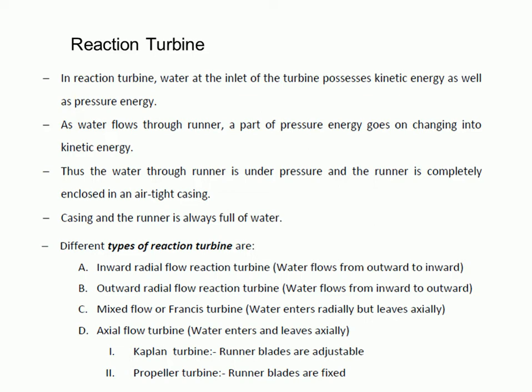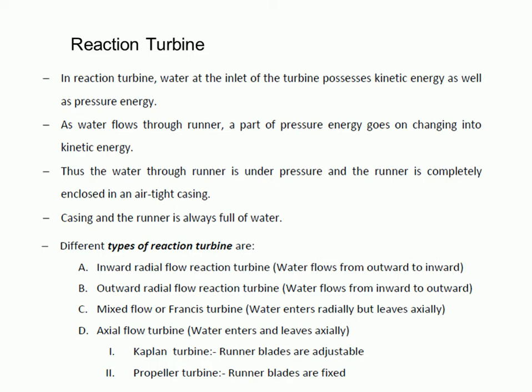There are different types of reaction turbine. First one is the inward radial flow reaction turbine, in which water flows from outward to inward. Second, outward radial flow reaction turbine, in which water flows from inward to outward. And third, mixed flow or a Francis turbine, in which water enters radially but leaves axially.